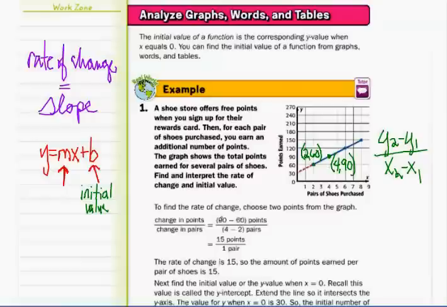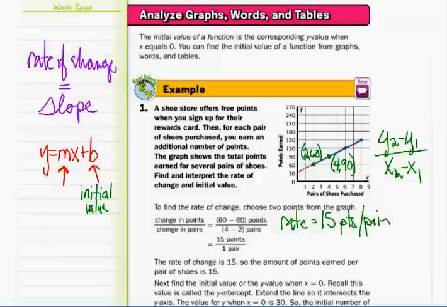So they took 90 minus 60 over 4 minus 2. You get 30 over 2, which is 15. That is the rate, because that is the slope. Rate and slope are the same thing. So the rate is 15 points per pair.